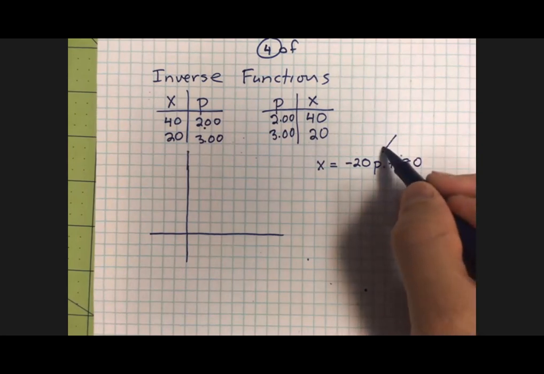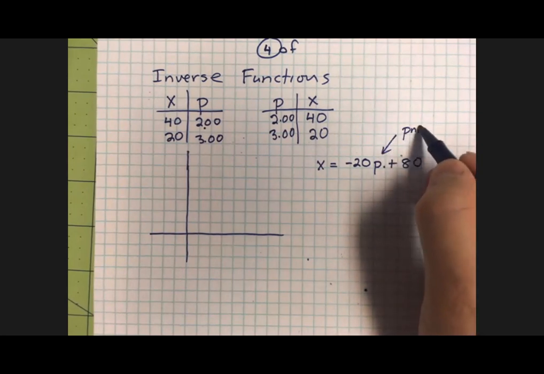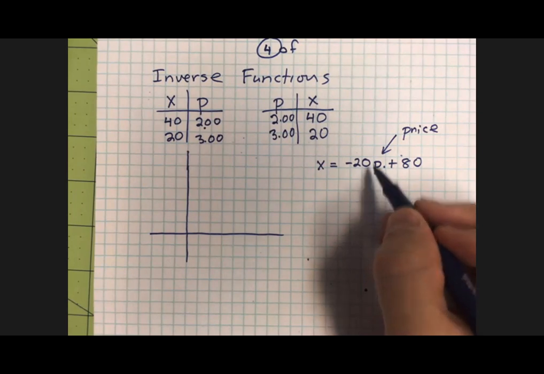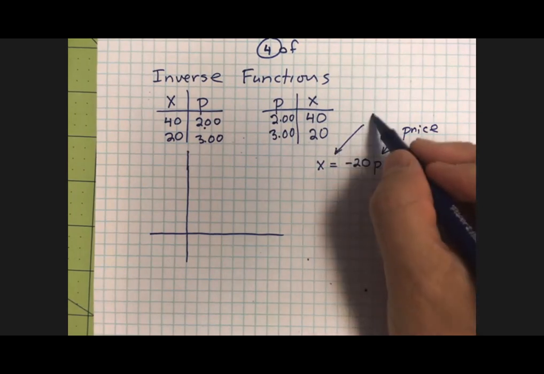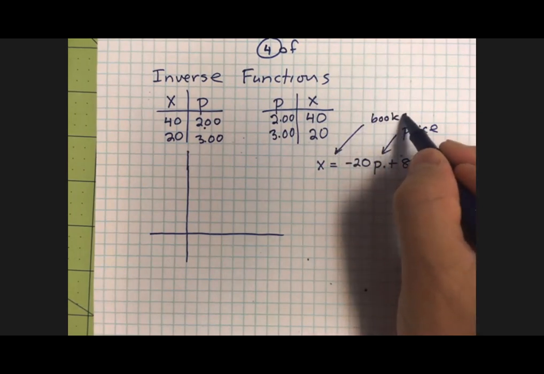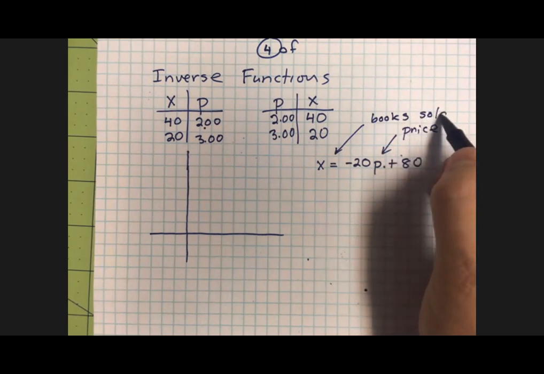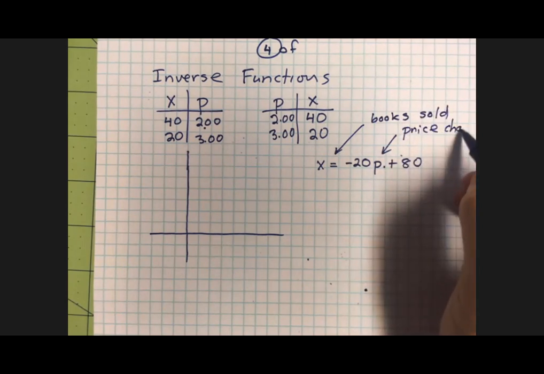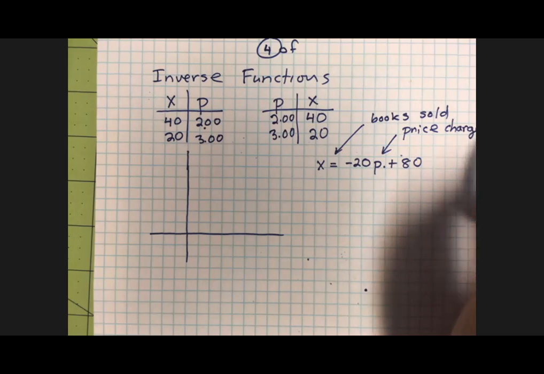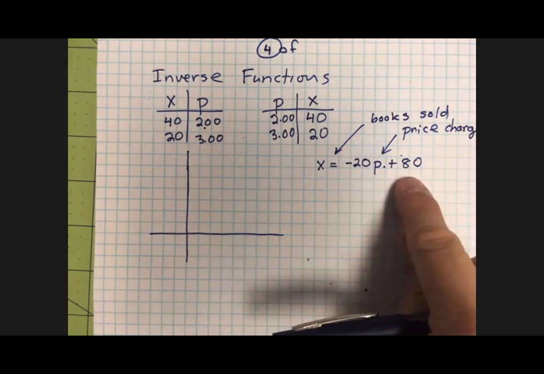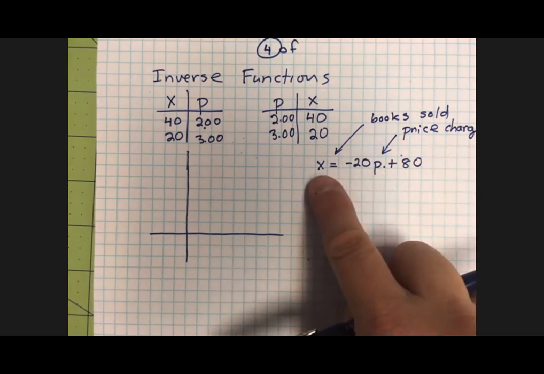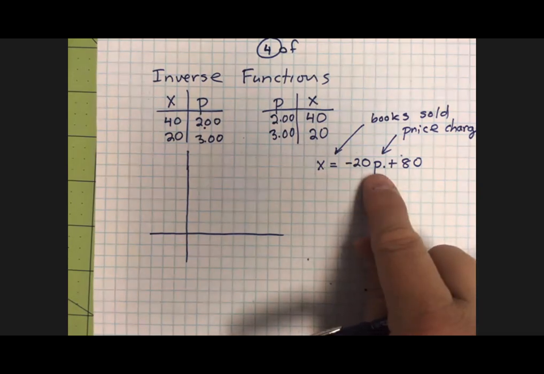This meant that if I set the price at that amount, I will sell that many books. But I could turn this formula inside out. This is a formula for the number of books sold when I set the price P.